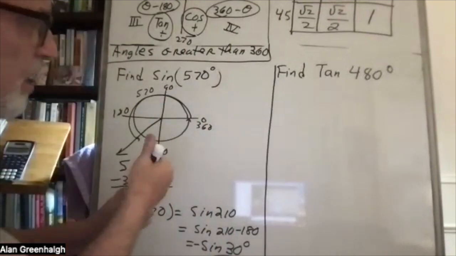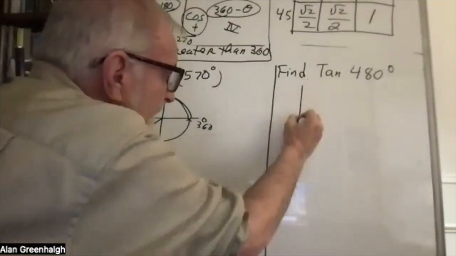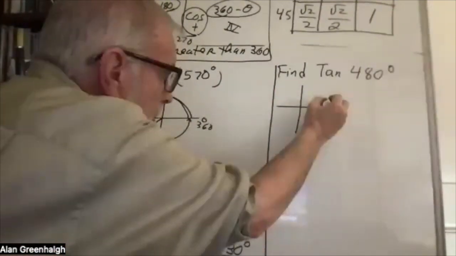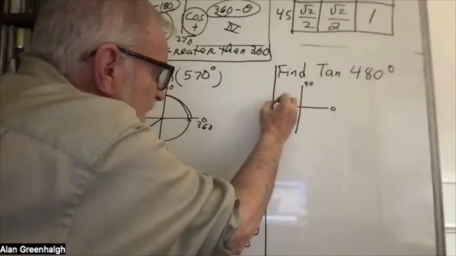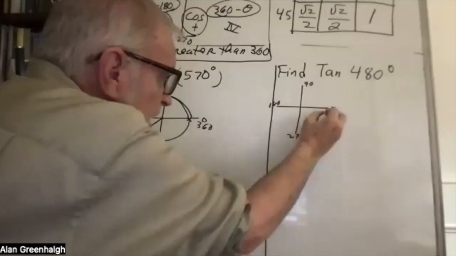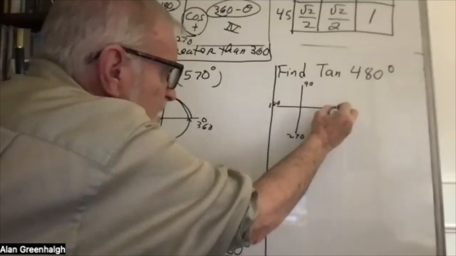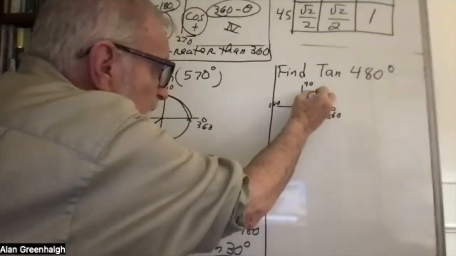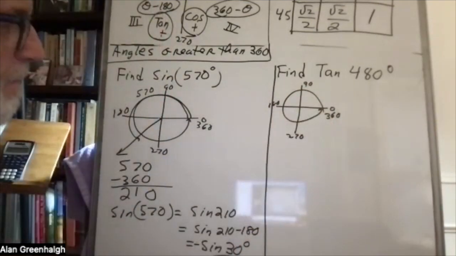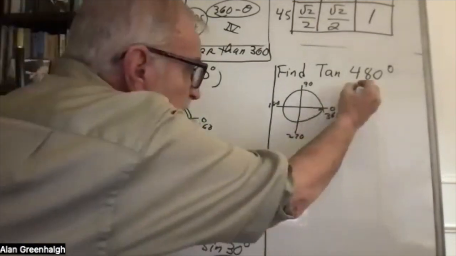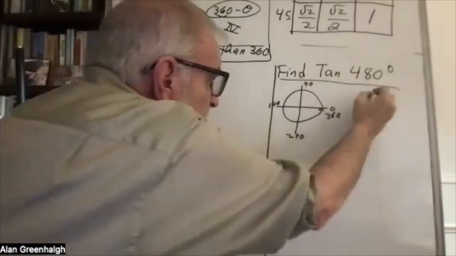Let's draw it. 480, 0, 90, 180, 270, 360. So we start here and we go around once. Okay, so that's the 360 part.